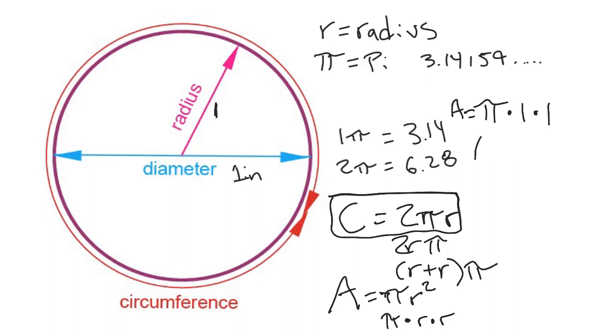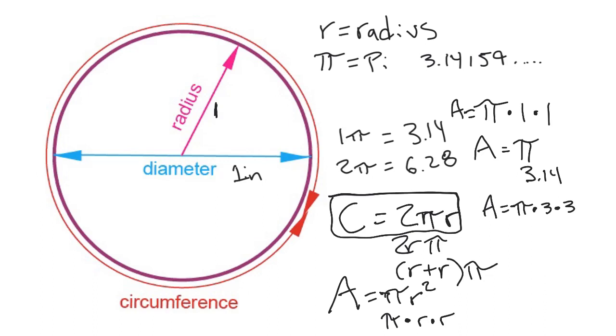What does that equal? Pi, or 3.14. That's going to be my area. Let's try a different one. Let's say the radius is 3. Then the area would equal pi times 3 times 3.